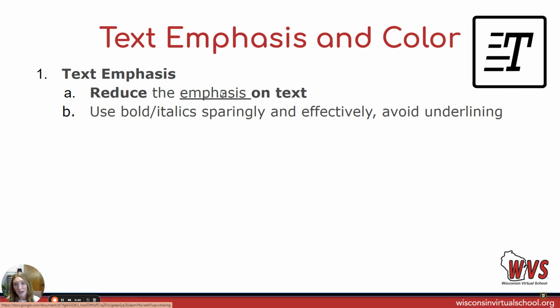What I mean by that is underline typically means a link. So when we are using that in another way, that can really distract from what that meaning is. So using bold and italics sparingly and effectively and avoiding underlining. So really focus in on what your main message is and only bold the items that you really need bolded.